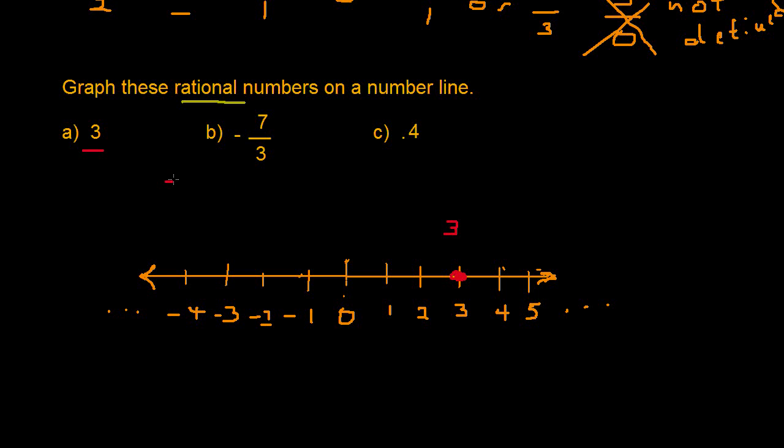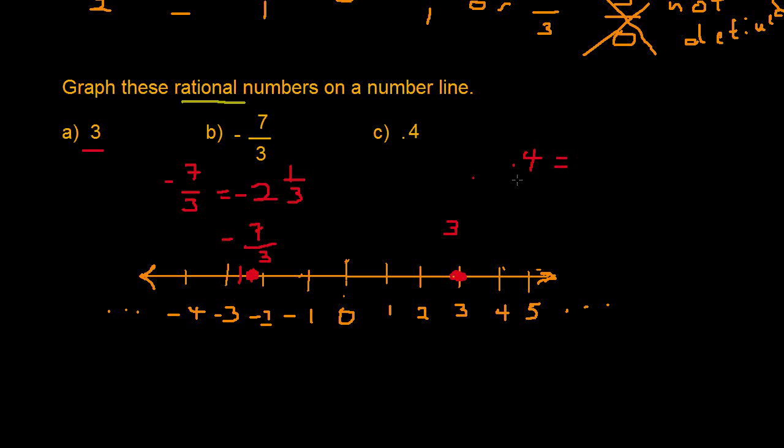As a mixed number, 3 goes into 7 2 times with a remainder of 1. So that's the same as -2 1/3. So let's go out beyond -2, go 1/3 of the distance between there and -3, and that's where -7/3 is located.